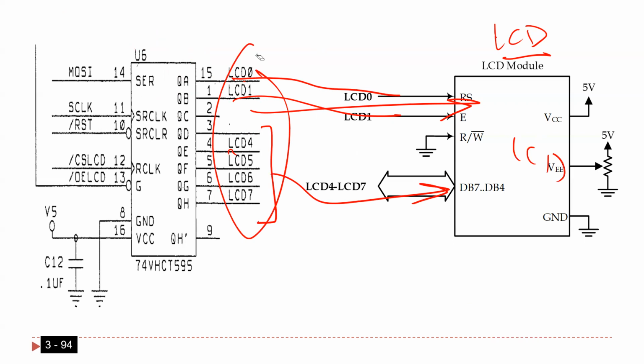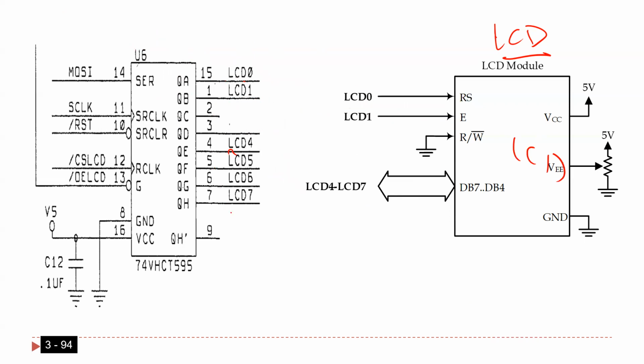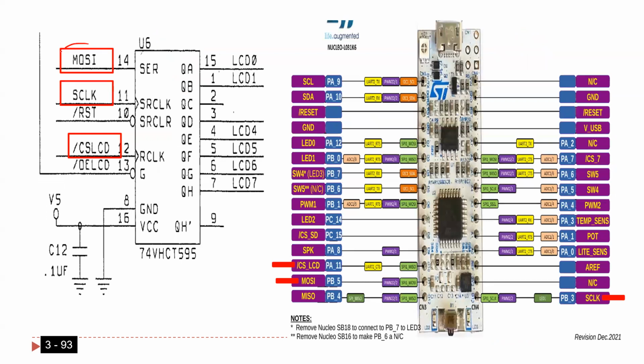To use the shift register, I only need 3 pins, as I explained last time. One is called MOSI, this one here. This is where you put your data. If I want to send 1101 and so on, you put it bit by bit, as I explained last time. Here, clock.